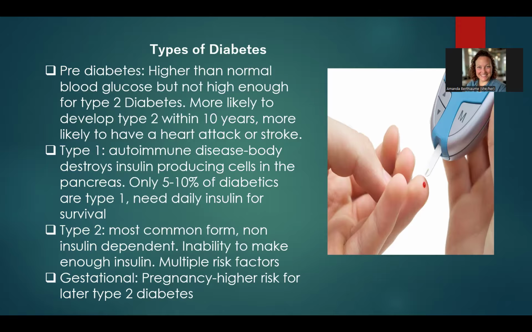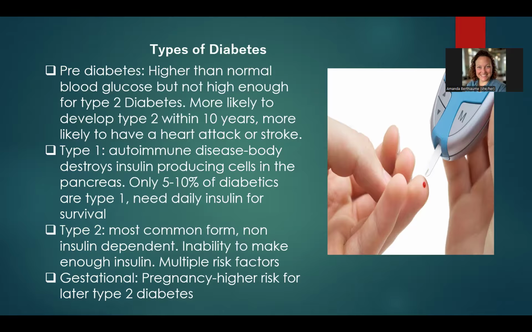There are fewer type 1 diabetics and they need daily insulin for survival. So monitoring and keeping up with their nutrition and their insulin rates is really, really important. And type 1 diabetics know more about diabetes than any of us really ever will, because this is something that affects their day in, day out lives.